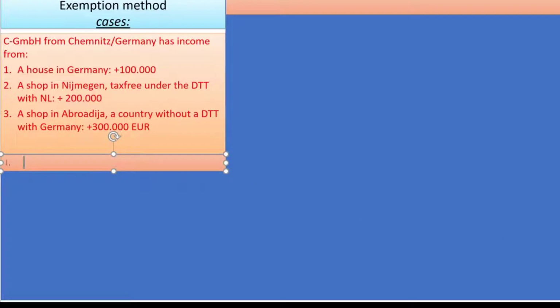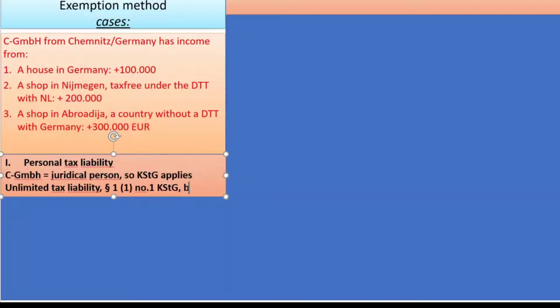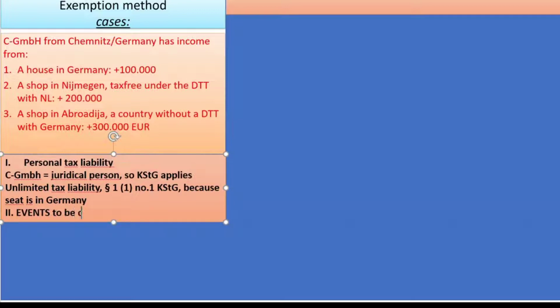We begin again with personal tax liability. So C GmbH is a juridical person, so KStG applies. We have unlimited tax liability under paragraph 1.1, number 1 KStG, because seat is in Germany. We have the events to be checked.